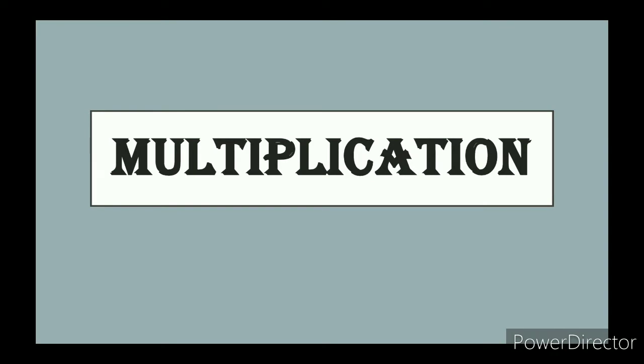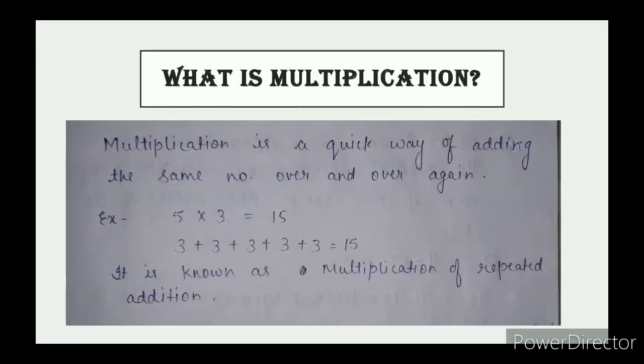Now let's talk about multiplication. What is multiplication? Multiplication is a quick way of adding the same number over and over again. For example, here I have added 3 plus 3 plus 3 plus 3 plus 3, which is equal to 15.